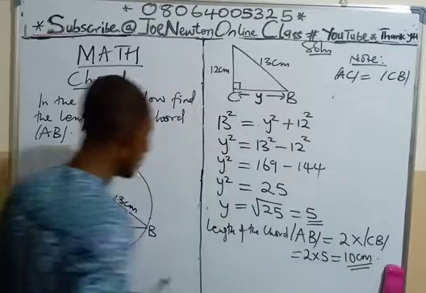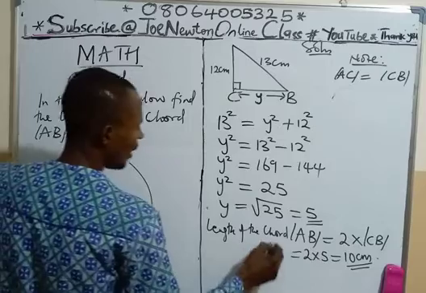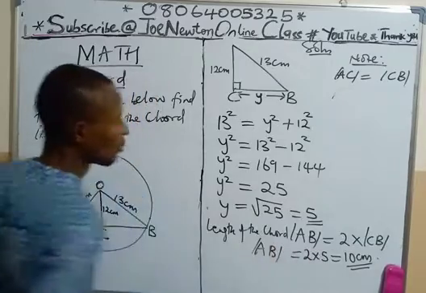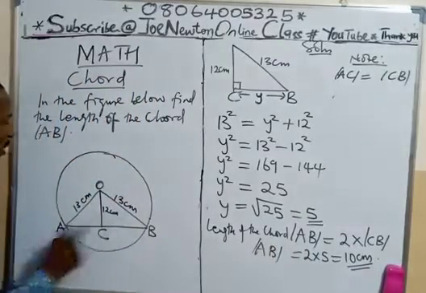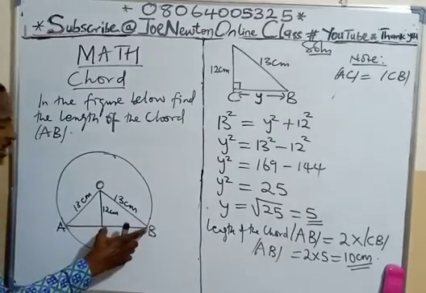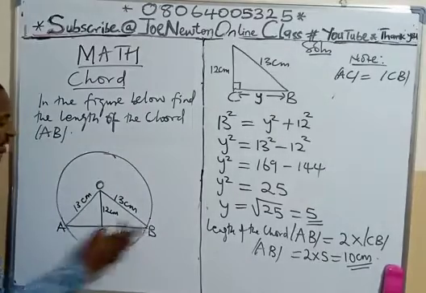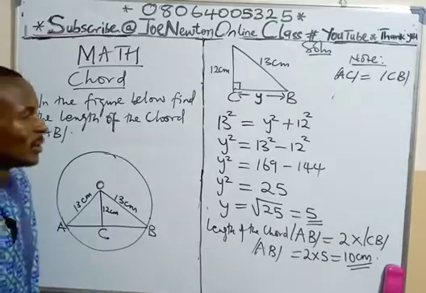So the length of the chord AB is equal to what? 10 centimeters. So from here to here is 10 centimeters. Because we have obtained here, and multiplying by 2, since here is equal to here, we get our length of the chord. So very simple.